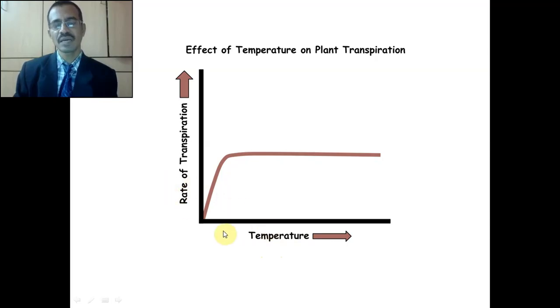When the temperature is increased, in proportion to the increase in the temperature, the transpiration also increases. To some extent, this transpiration keeps on increasing with the increase in the temperature. When it reaches a certain point, then the transpiration is constant.